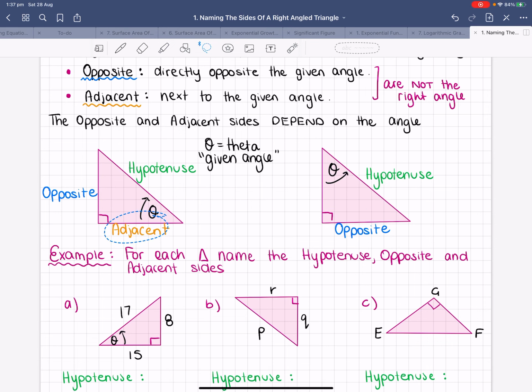So as you can see, this side along the bottom is the adjacent side because it's literally right next to the given angle. Okay, obviously this side's also next to the given angle, but it's the hypotenuse. And we didn't copy over the theta. Okay, because it's literally next to.